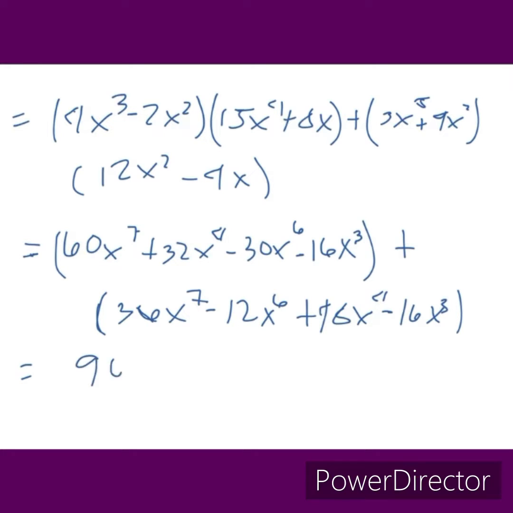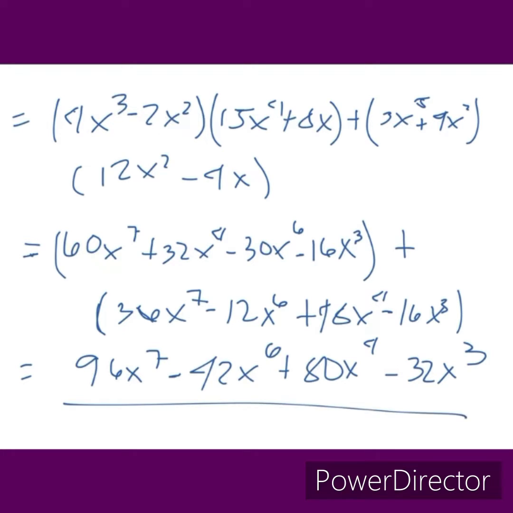And we have 96x raised to 7 minus 42x raised to 6 plus 80x raised to the fourth minus 32x cubed. This is now the derivative of our function.